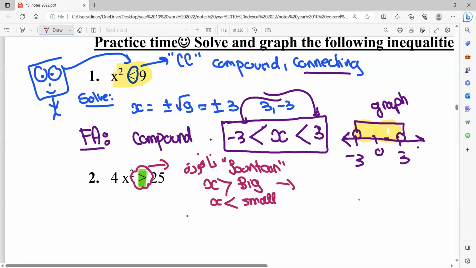Or in other words, x bigger than the bigger and x smaller than the smaller. And please remember that you have two parts in the quadratic inequalities, the solving part and the final answer.